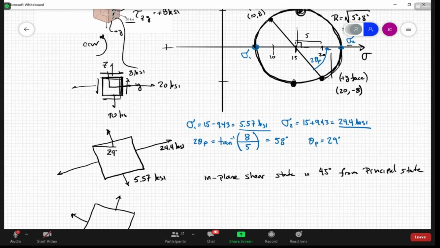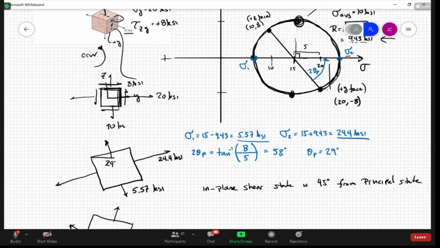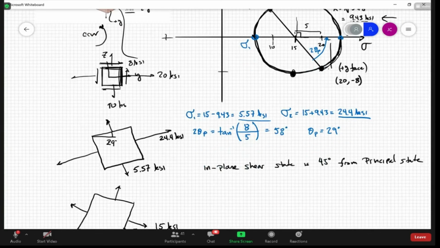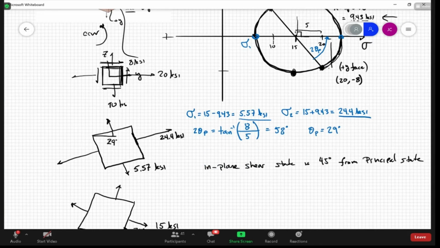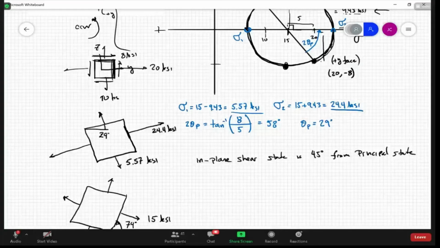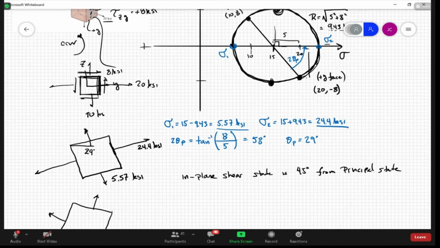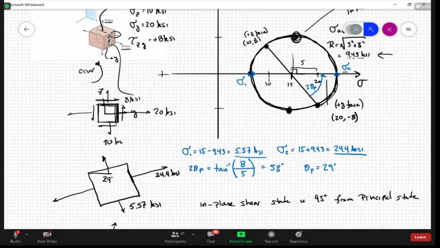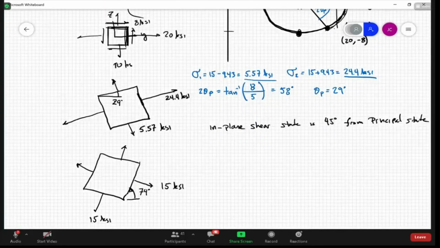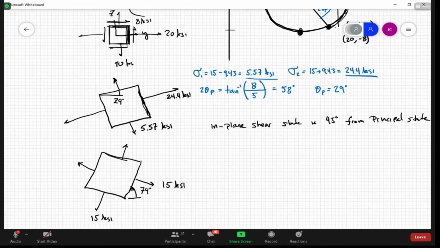So this face here corresponded to sigma 2, and we rotate 45 degrees up to this point. That means this face rotates up to this face.